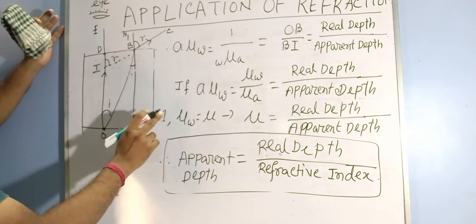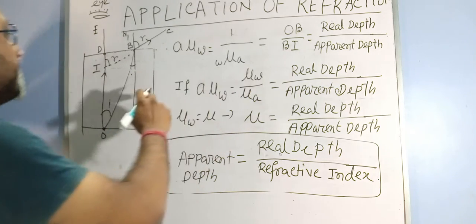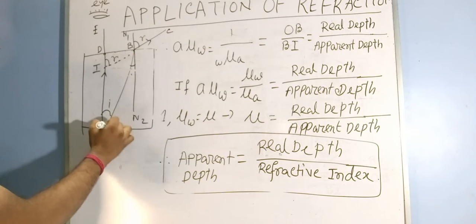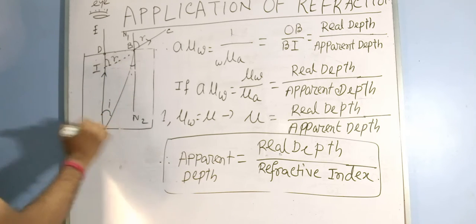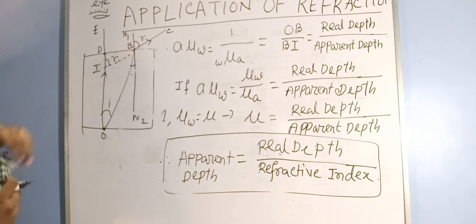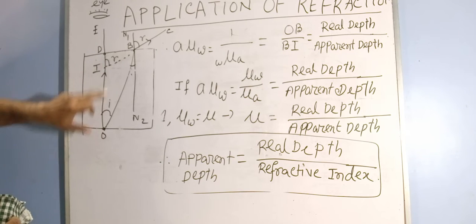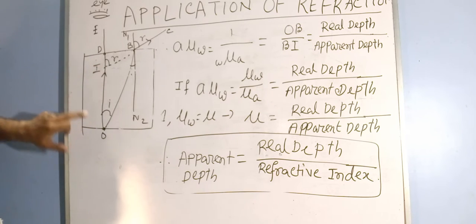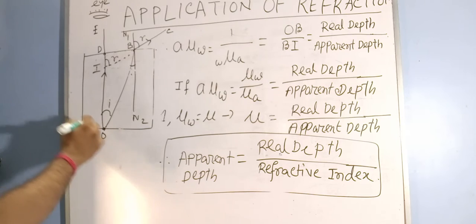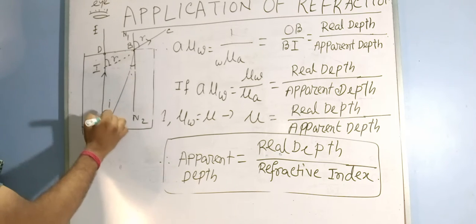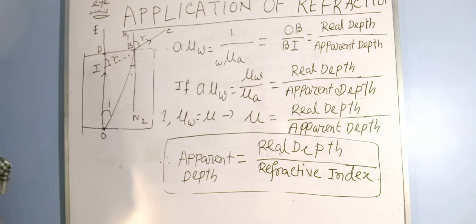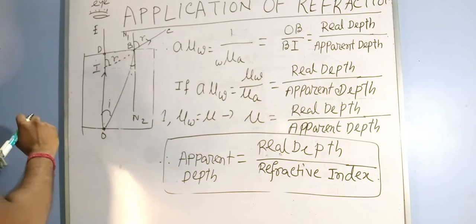So in place of OB we can write OD, as the distance is very small.